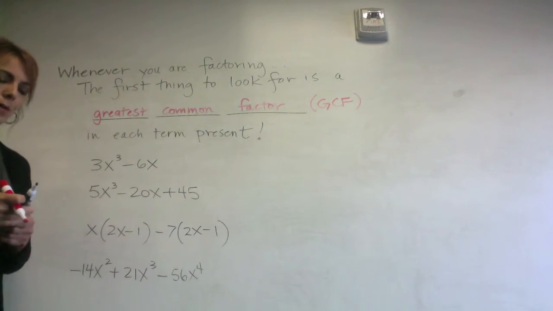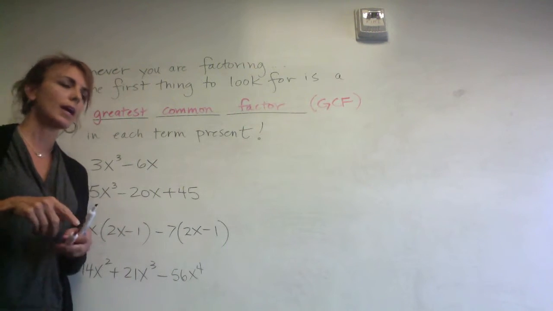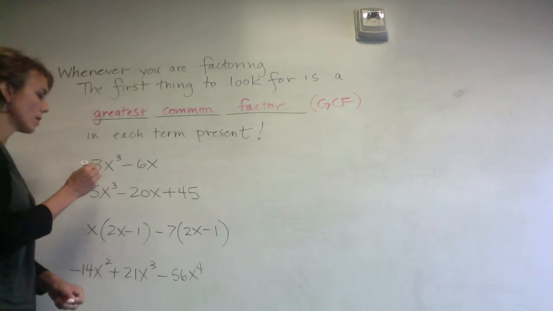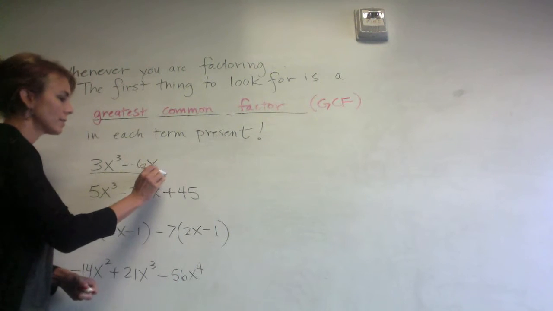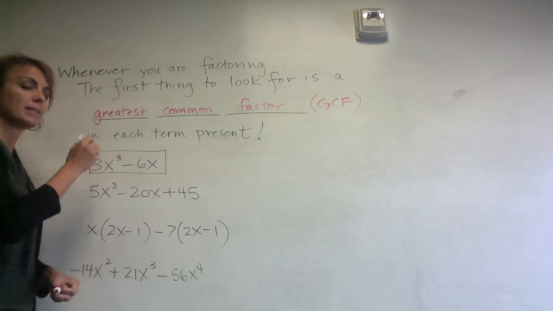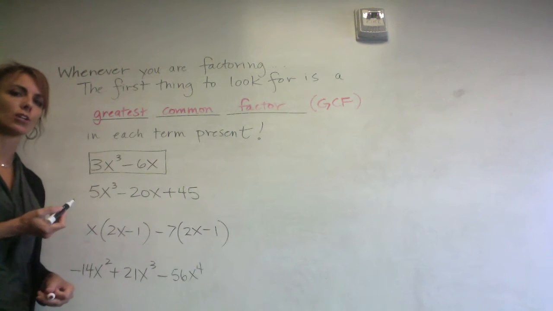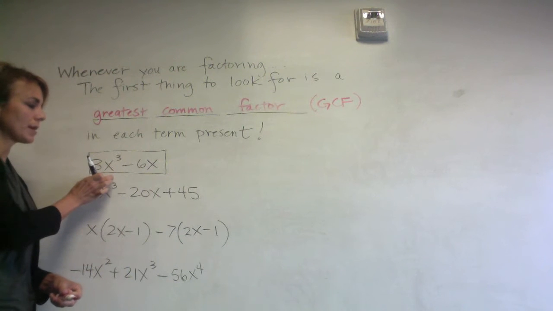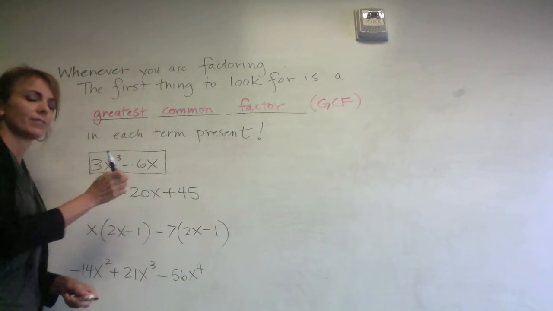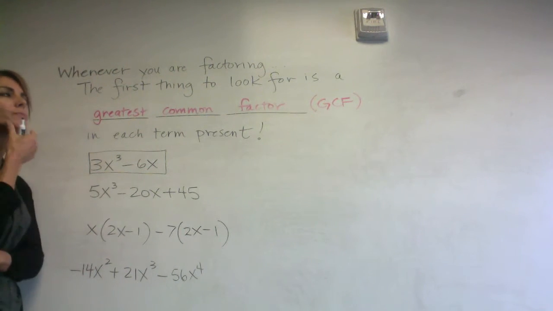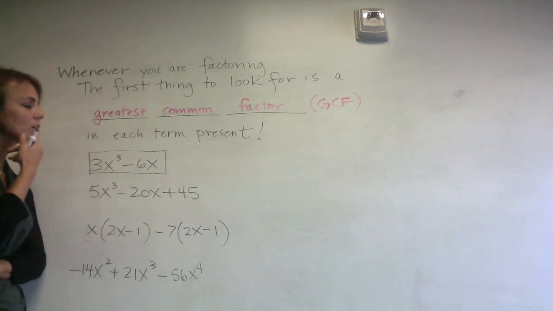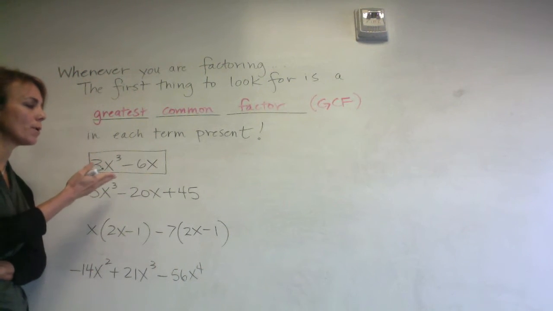Okay, so when you do that, you're looking at each term and you're looking for the greatest thing that could be divided out of each term. So I'm looking here at 3x cubed and negative 6x, and I'm thinking to myself, what could I divide out of both of these terms?